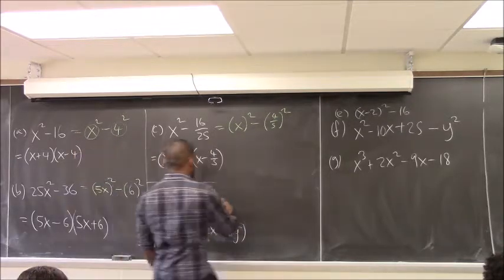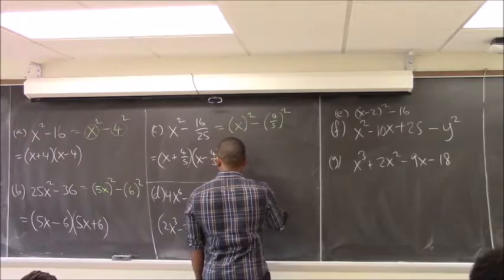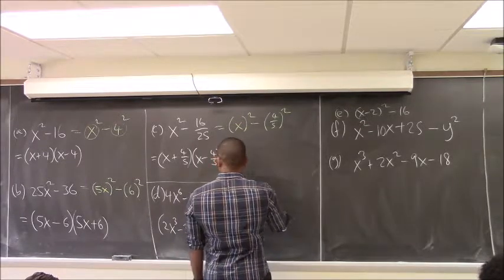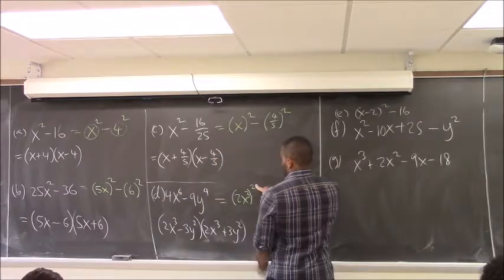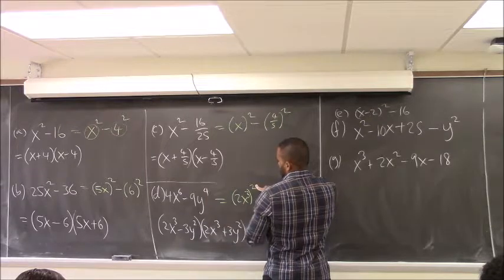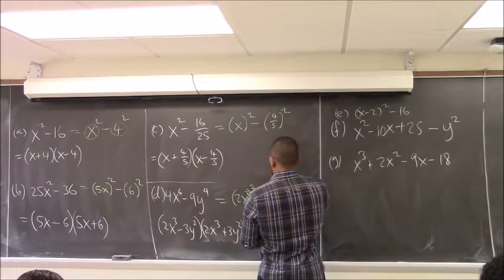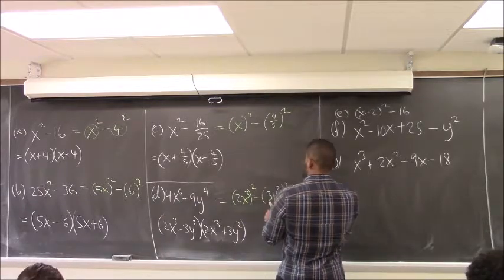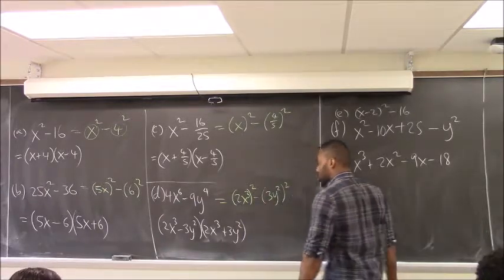This is me recognizing this is 2x cubed squared. 2 squared is 4, and x cubed squared gives x to the 6, so you need the laws of exponents here. And this is 3y squared squared: 3 squared is 9, y squared squared is y to the 4th.